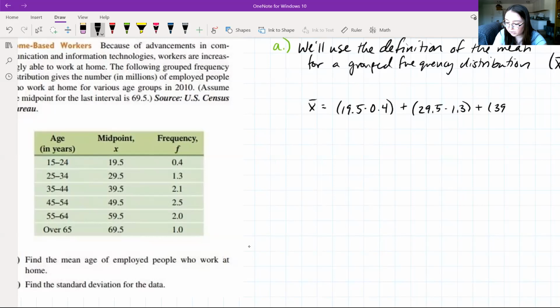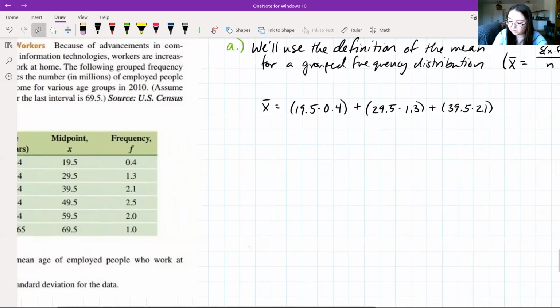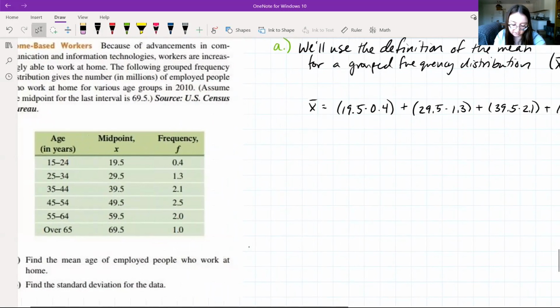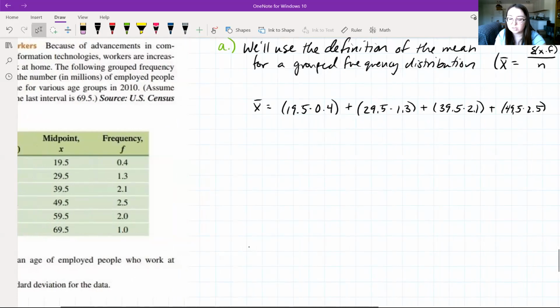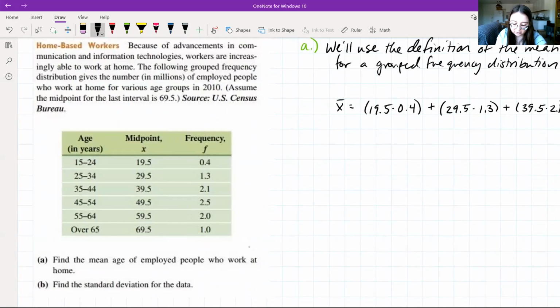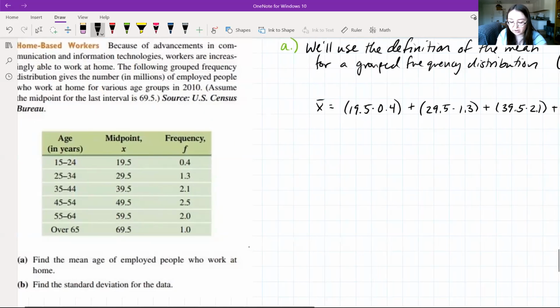Third interval, we have 39.5 times our frequency, which is 2.1. Our next interval is 49.5 times the frequency, which is 2.5. Our next one is 59.5 times our frequency of 2. Then we have our last interval, which is 69.5 times 1.